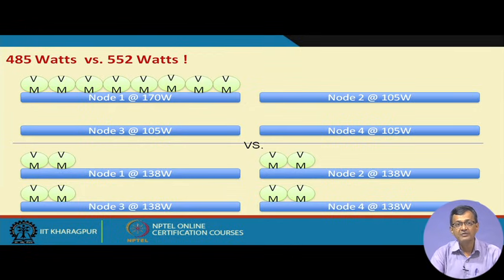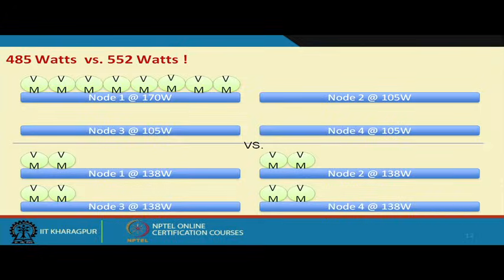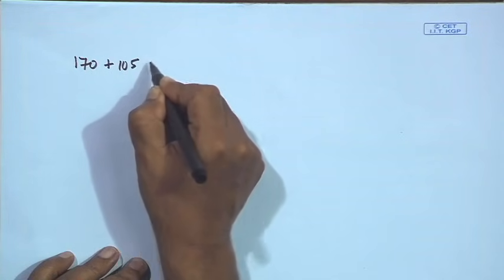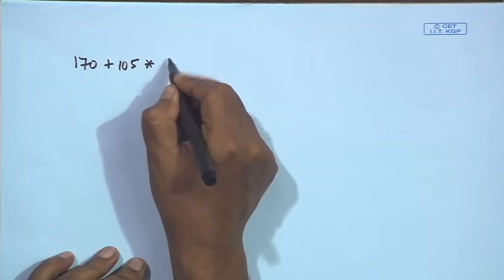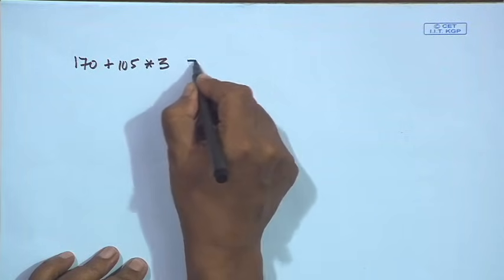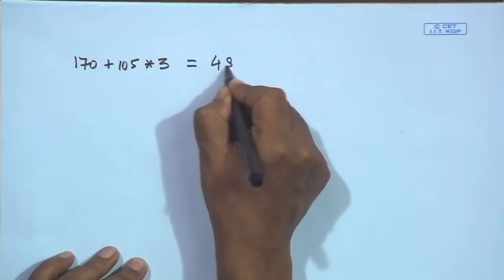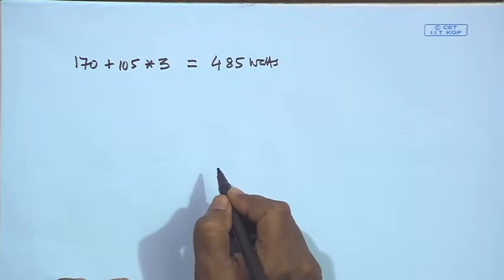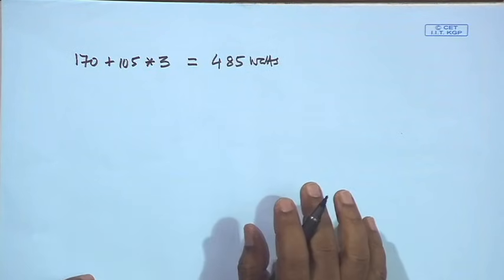So, if I have 8 VMs and run them on one node, the overall consumption is 170 plus 105 times 3. That is the overall consumption in watts, right.